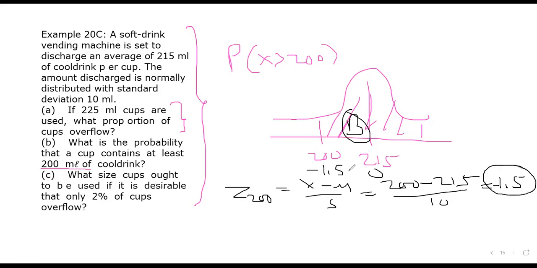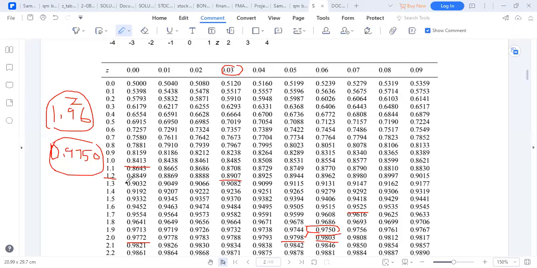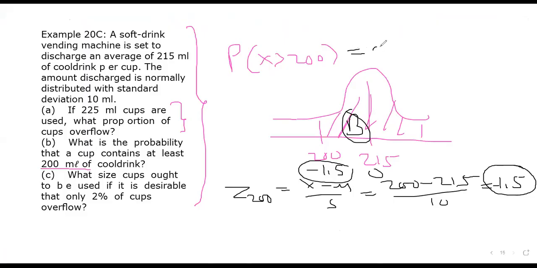The negative just shows you that you're on the negative side, but you can still be using one side of the tables, which is the positive side, which I encourage you so that you don't get confused. The tables are too many. If you learn all of them, it will stress you so much. Just concentrate on one table. 0.9332. So this is equal to 0.9332. Why are we not subtracting from 1? Because this shading is bigger than 50%.